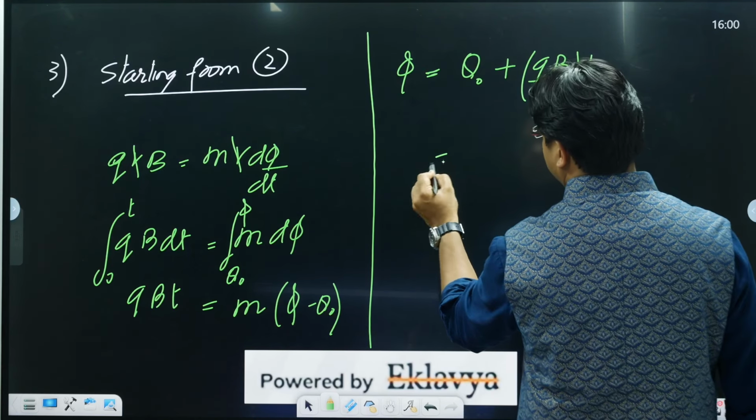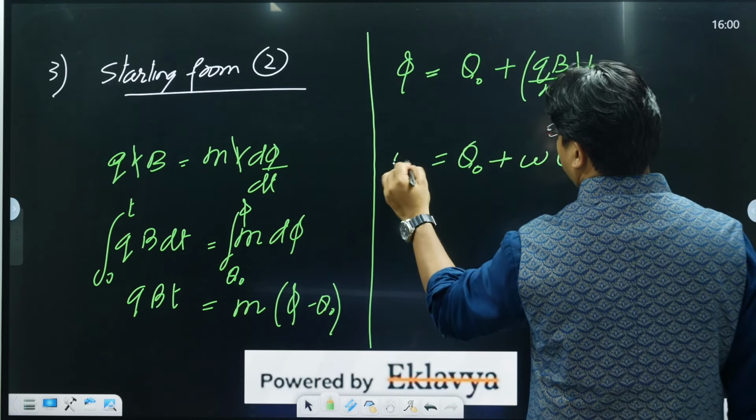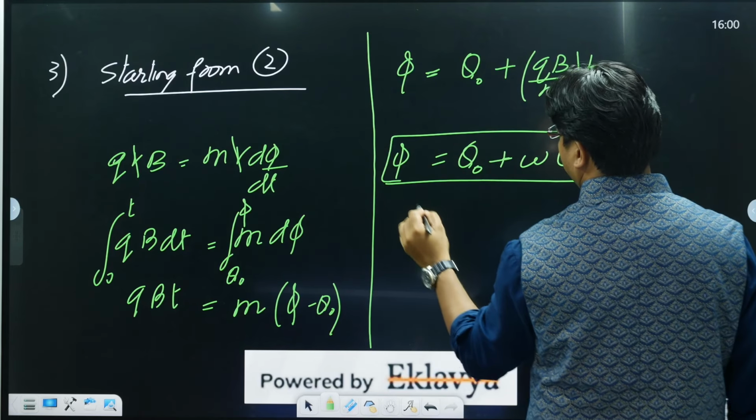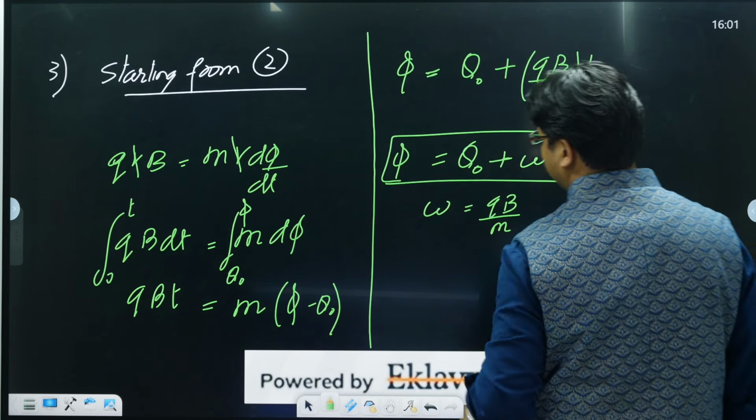So let me write this result as theta naught plus omega t, which is so familiar and so easy to remember. What we are choosing to do here is representing omega as QB by M.